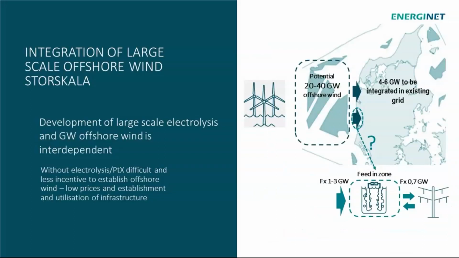So we also look into developing feed-in zones where they can set up electrolysis for producing hydrogen or the transformation to other kinds of gases or liquids. There we look towards 2030 at a potential of between 1 to 3 gigawatts, and are now looking at the map to see where it would make sense to have feed-in zones.